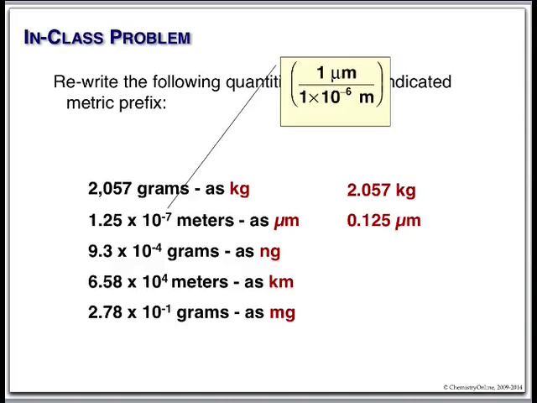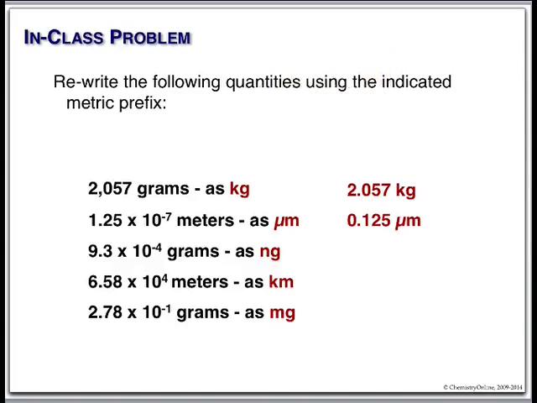Once again, your ratio must relate your given and what you're trying to find. Our next one, grams and nanograms. Nano, we kind of remember as 10 to the minus 9. It sounds like nano, doesn't it? So the ratio we want is going to relate grams and nanograms. We have to write the ratio so that gram is in our denominator.